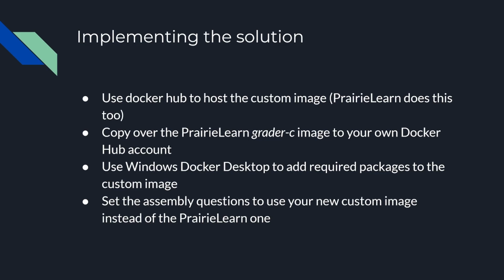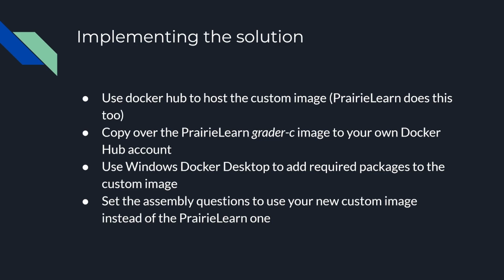So in order to do this, we need to use Docker Hub, which is an online repository hosting place, very similar to GitHub. And this hosts our custom image. This is also what PrairieLearn does for their images. We need to copy over the existing PrairieLearn Grader C image as a template to our own Docker Hub account.